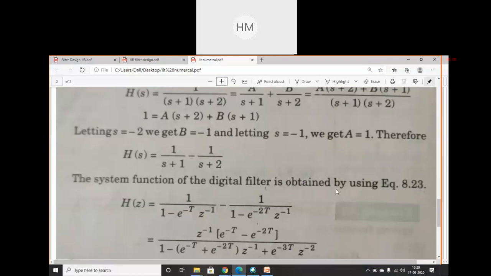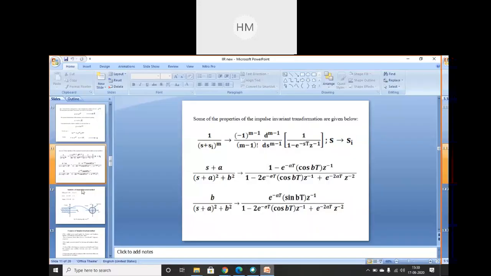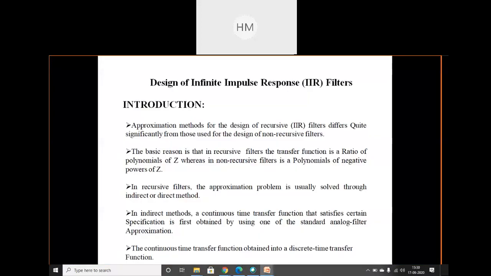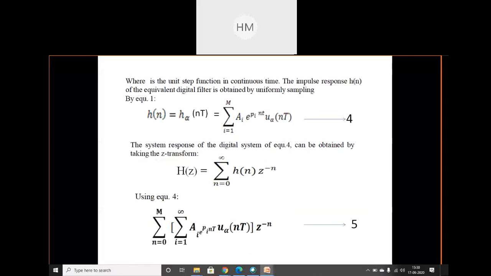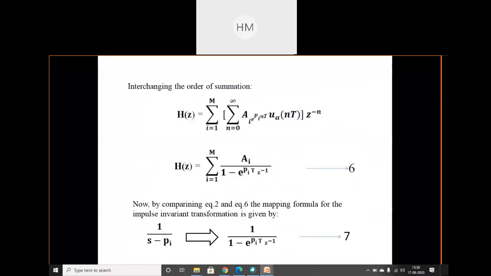The system function of the digital filter is obtained by the equation we had. You can see it in the PPTs. See this equation number 7.